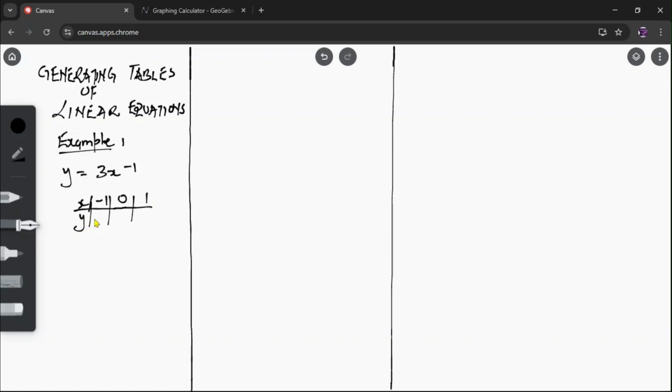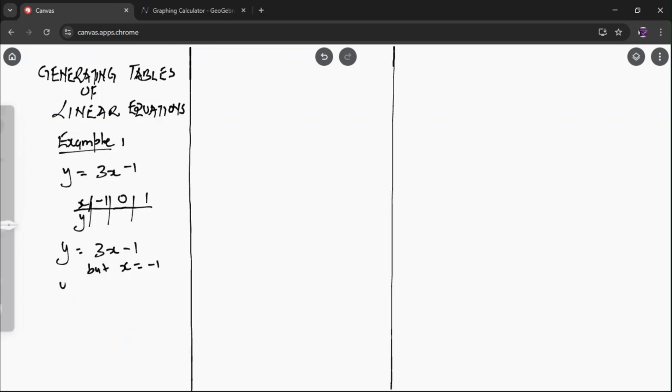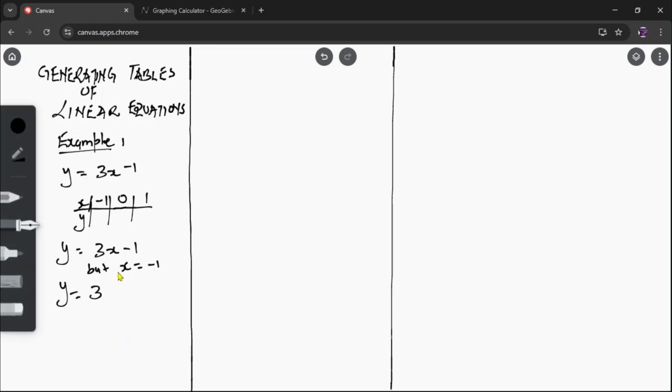Then I ask myself, what is the value of y when x is -1? From this linear equation, y is equal to 3x minus 1. But where there is x, we put -1, because our x is equal to -1. So y is equal to 3, where there is x, I put -1, then I subtract 1.